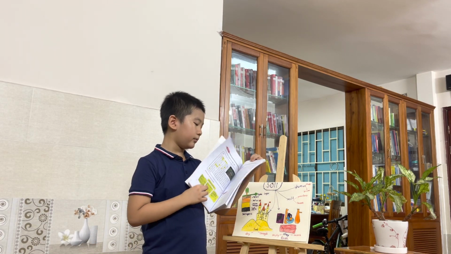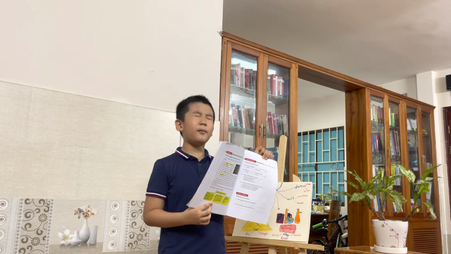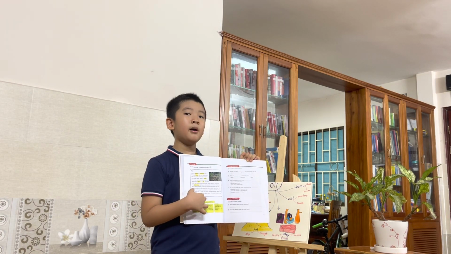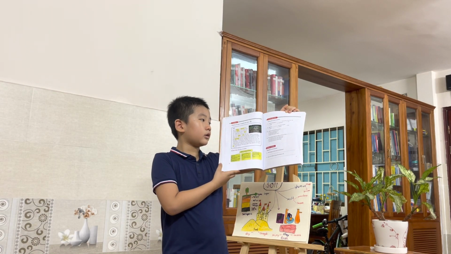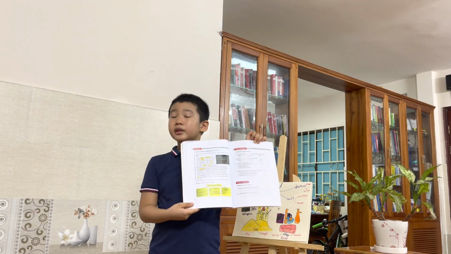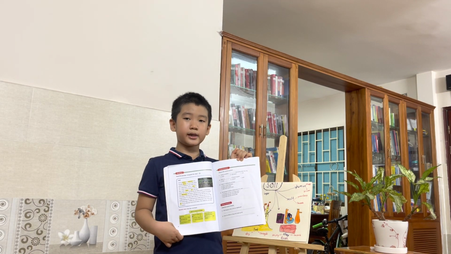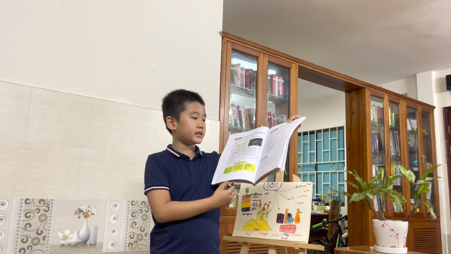Now, the next one will be: grains of rock become soil when humus is mixed up with them, animals dig into them, or plants start to grow in them. What is the correct answer? The correct answer is animals start digging into them.